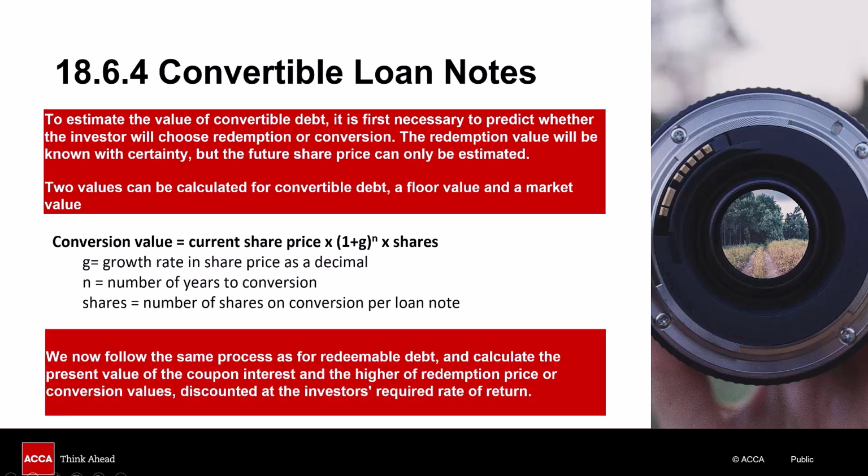We now follow the same process as for redeemable debt, and we calculate the present value of the coupon interest and the higher of redemption price or conversion value, discounted at the investor's required return. So the market value can be the same as the floor value if you choose redemption, which is higher than conversion. We're now going to look at another example, and this also comes from the Study Hub.